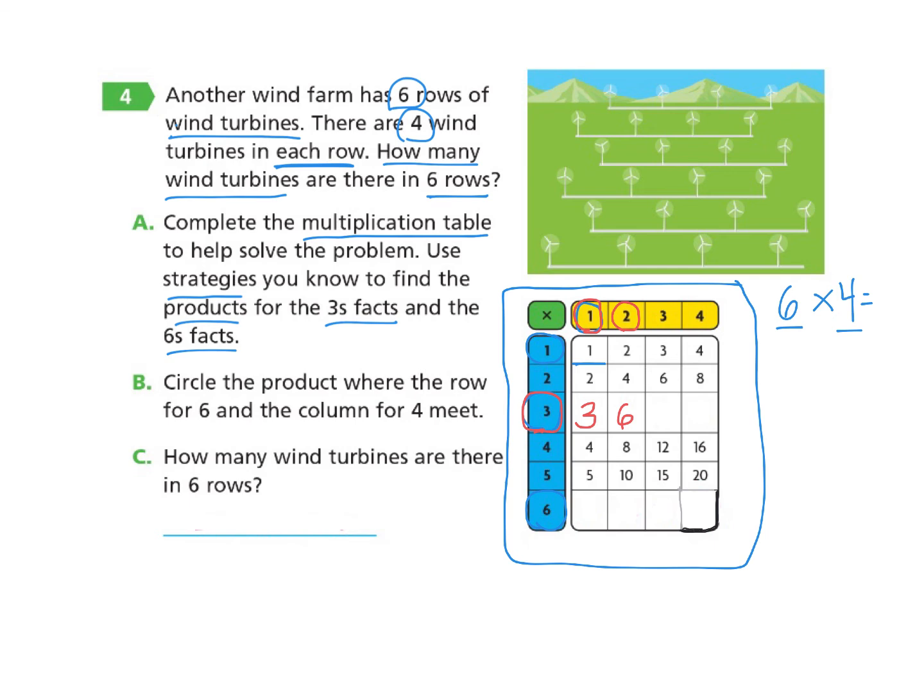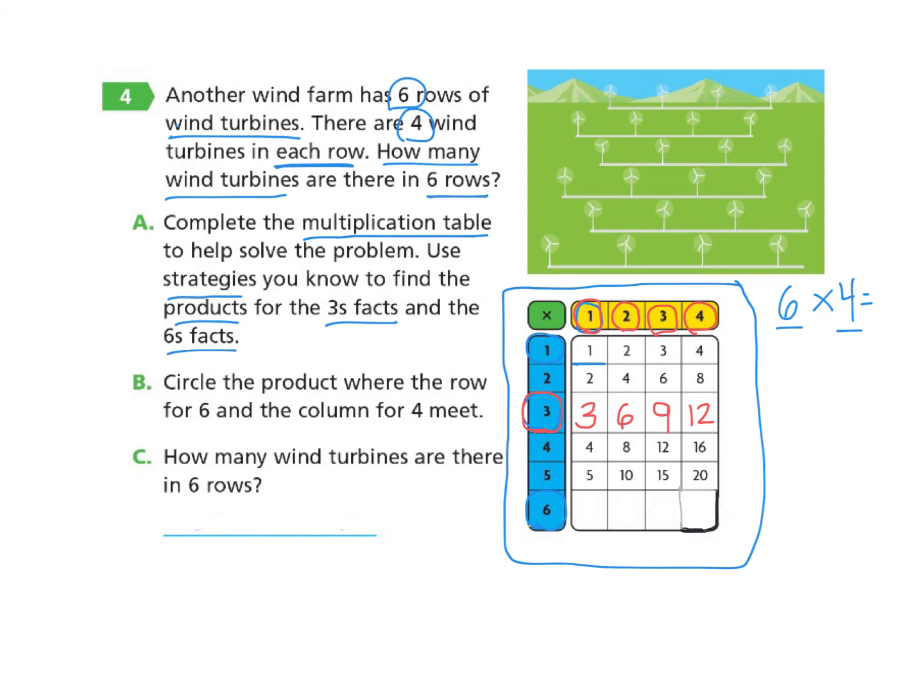If you're noticing 3 times 3, that would be adding 3 more to 6, and that would be 9. So if you'd like to pause and fill that in and come back, you may do so. Otherwise, we're going to keep going along here. We have 3 multiplied by 4, and that would be 12. So we have completed all the 3's facts that were missing in our multiplication table.